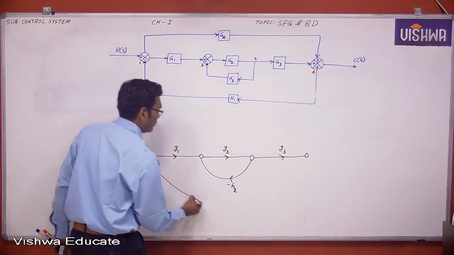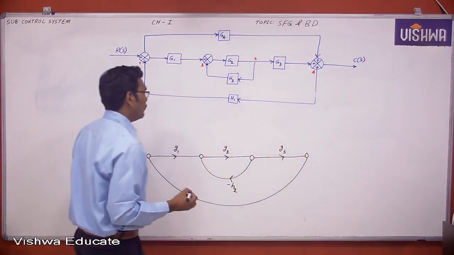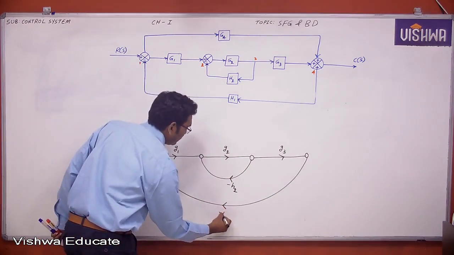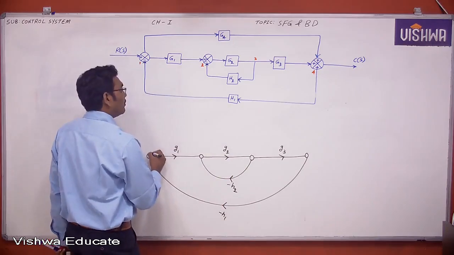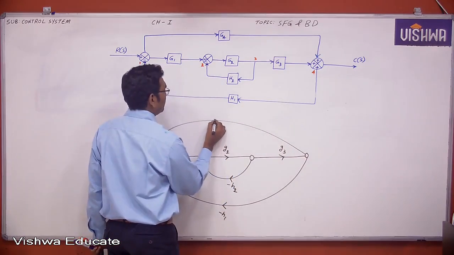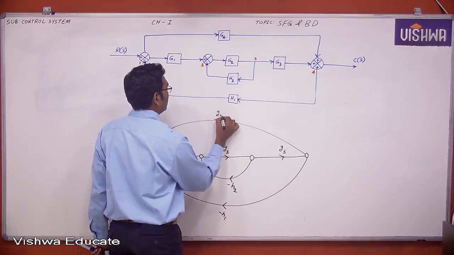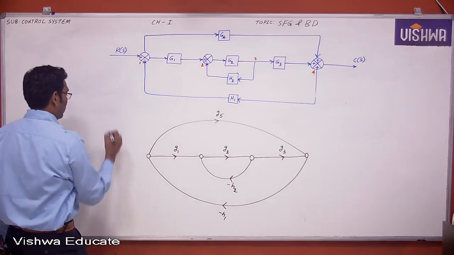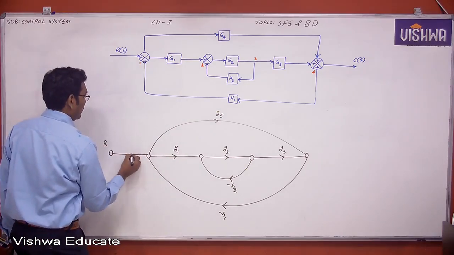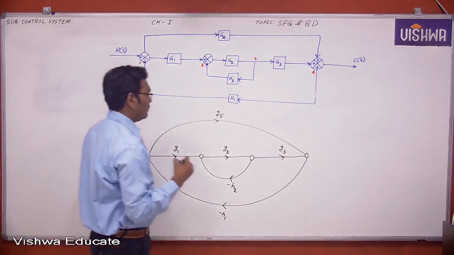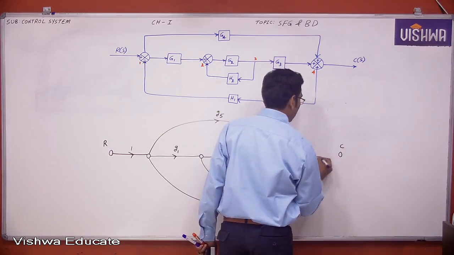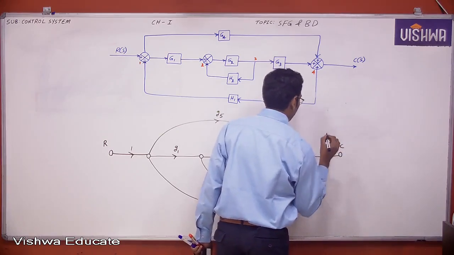Now 1 to 4, there is a feedback path, H1. 1 to 4, there is a forward path, gain G5. Now the input variable is treated as one node, which is R. Nothing is given, so take the pass value as 1. And the output variable is treated as another node, which is C, and if not given, it is treated as 1.